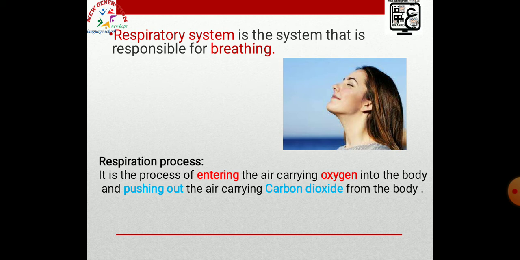It's the process of entering the air, carrying the oxygen into the body and pushing out, or getting rid of, the air carrying carbon dioxide from the body. Again, the respiration process is the process of entering oxygen and pushing out carbon dioxide.